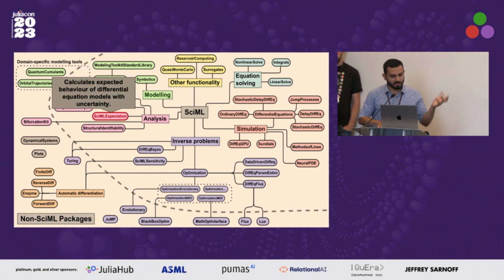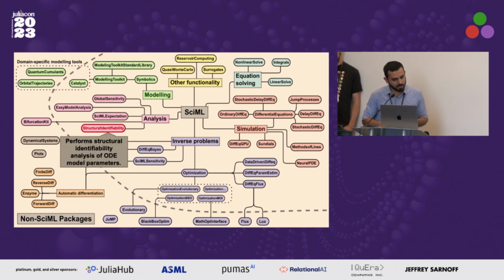SciMLExpectations allows you to efficiently compute some moments of the differential equation solves. Structural identifiability is this concept of being able to just use the model structure to infer whether the parameters that you have are going to be something that you can estimate if you have some data, basically.